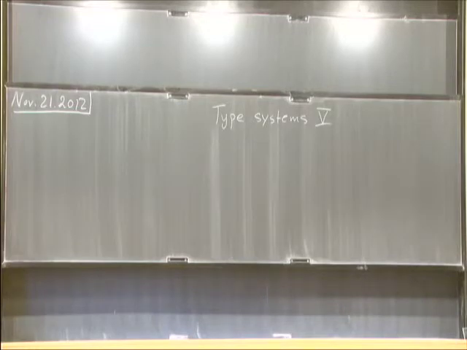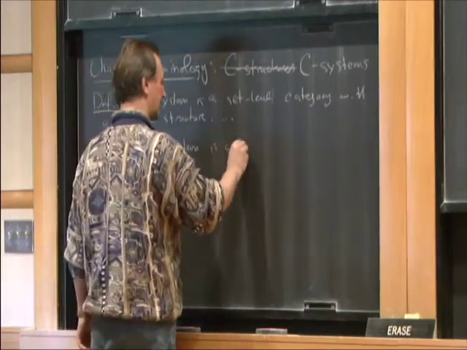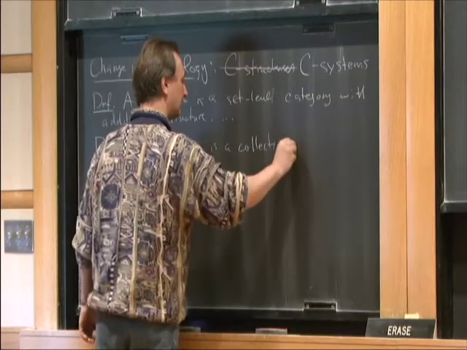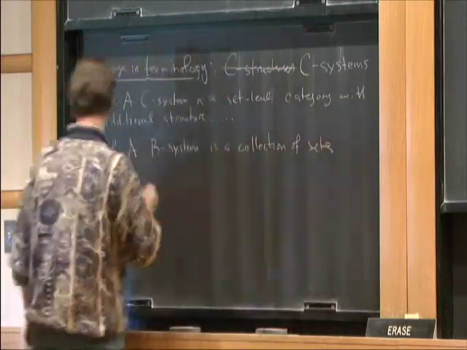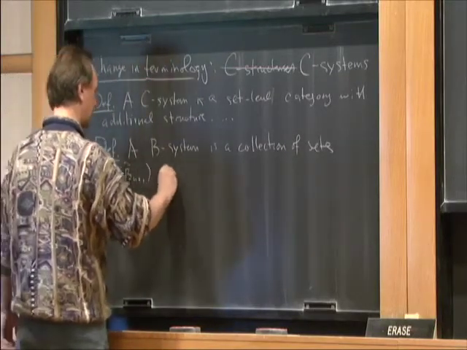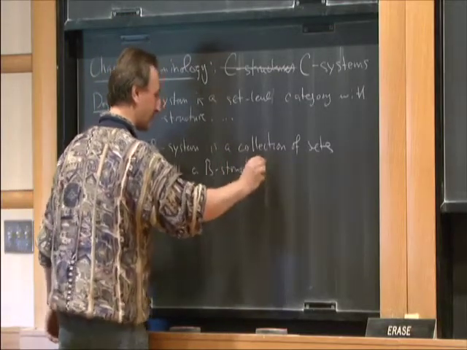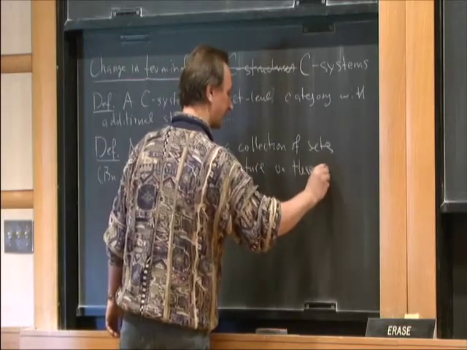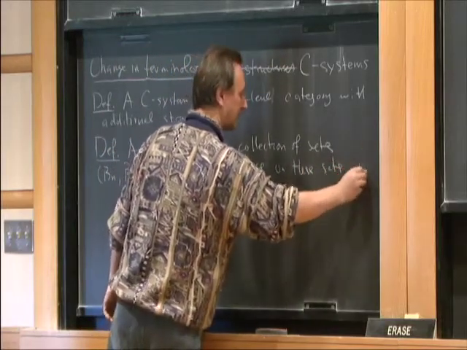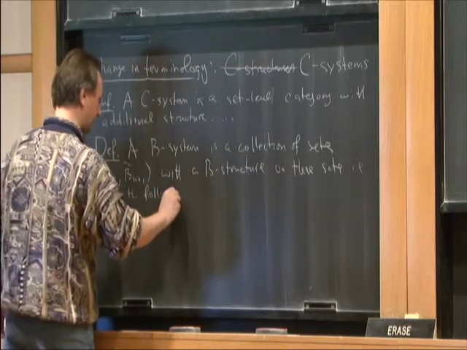Now we also, as was already done in the previous lecture, introduced the notion of a B system. And a B system is a collection of sets Bn plus 1 tilde with a B structure on this set, i.e. with the following data.